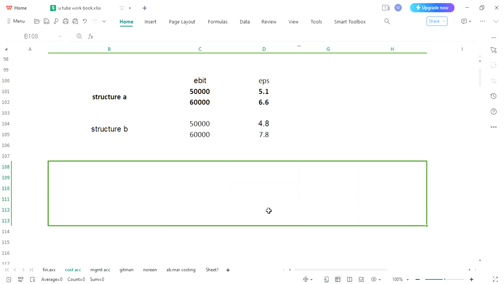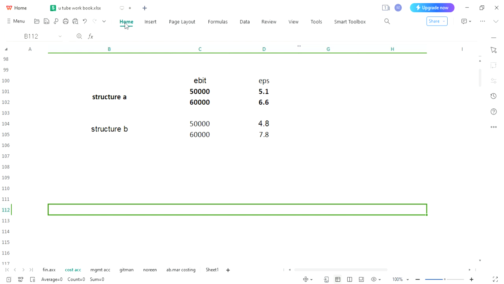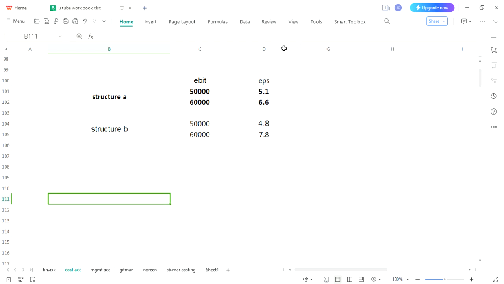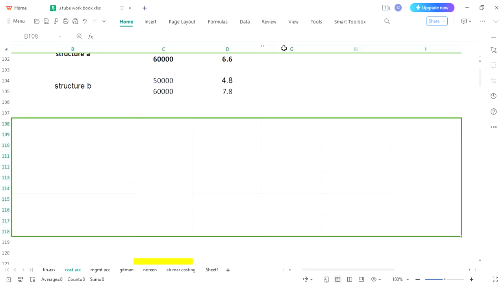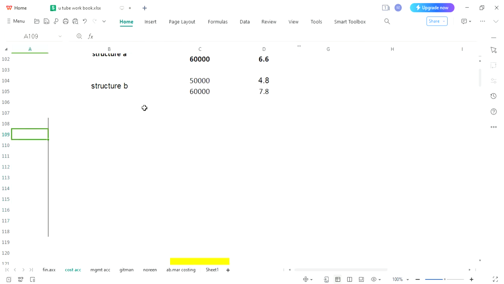Here we need to unmerge again. This graph would have two axes, X and Y. Here is your Y axis first would be created and vertical line is needed. Okay.